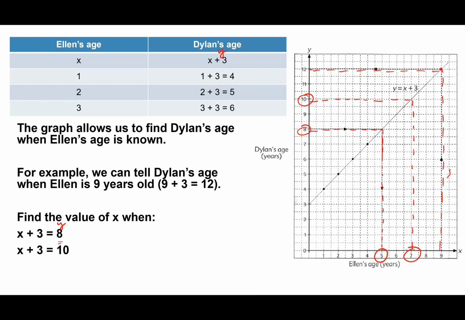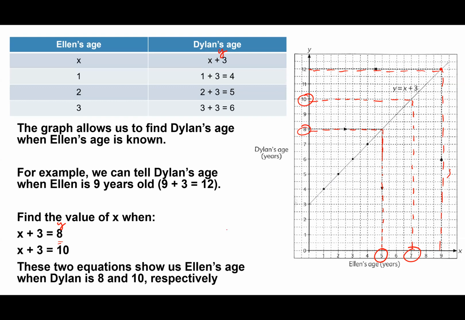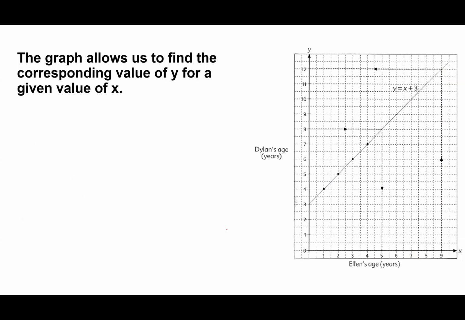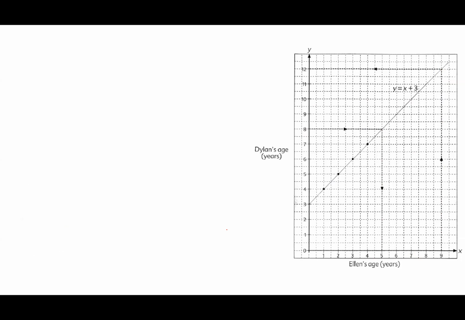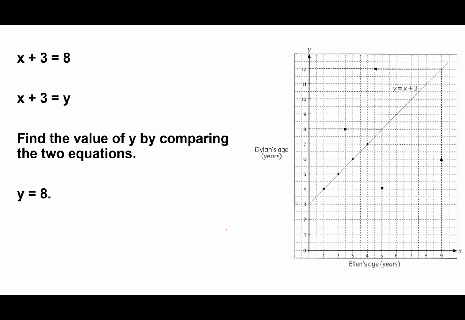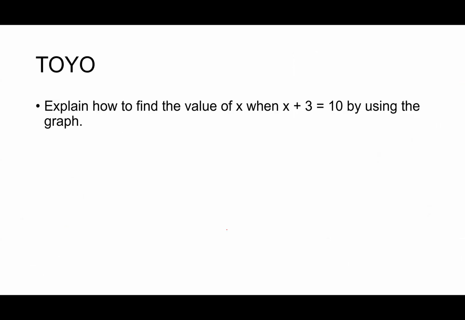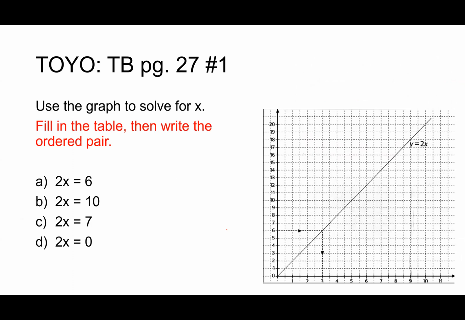Just 1 through 5. Okay. So we're gonna graph the following. Let me just skip through this really quick. Not that one, this one. Okay, here we go.